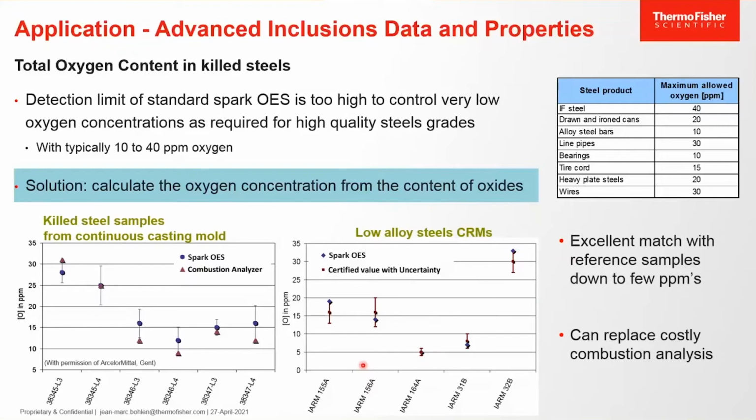So, very interesting. The standard method for this kind of analysis is normally combustion analysis, and we see here that optical emission offers an interesting alternative, or is a good candidate to replace this costly kind of analysis.